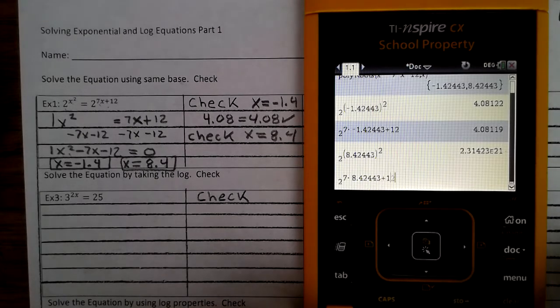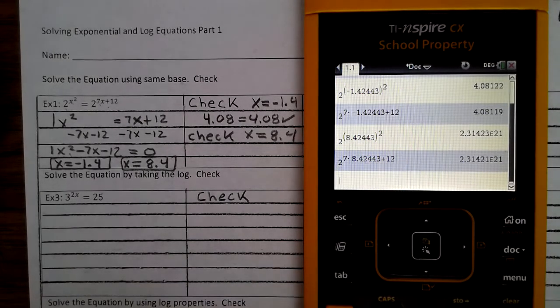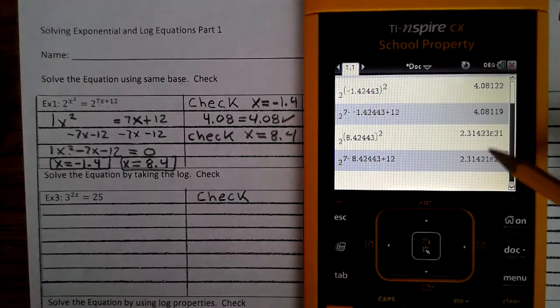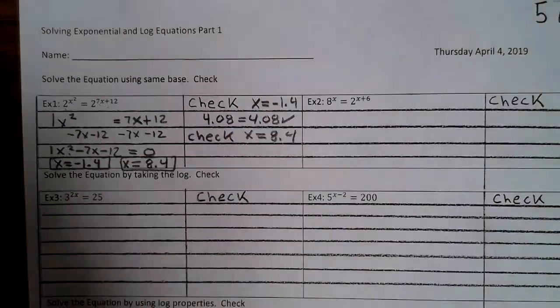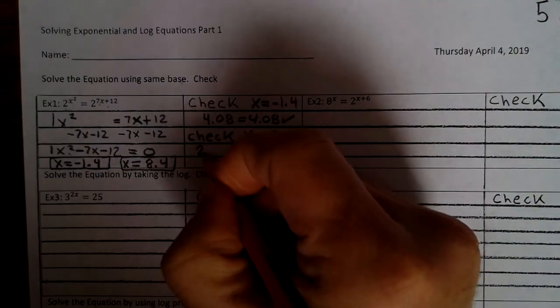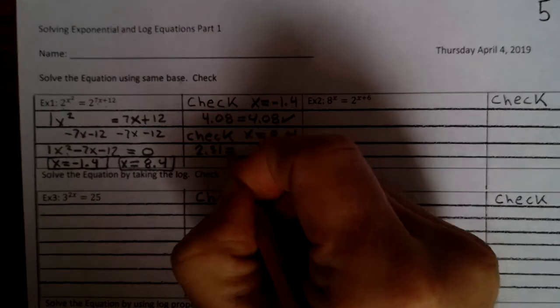You can see that they're equivalent, so they check. So 2.31 equals 2.31, so it checks.